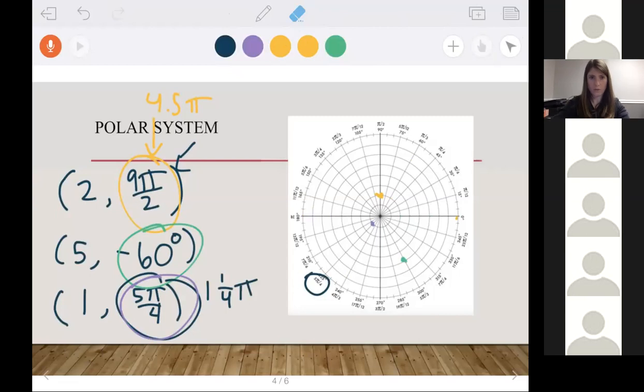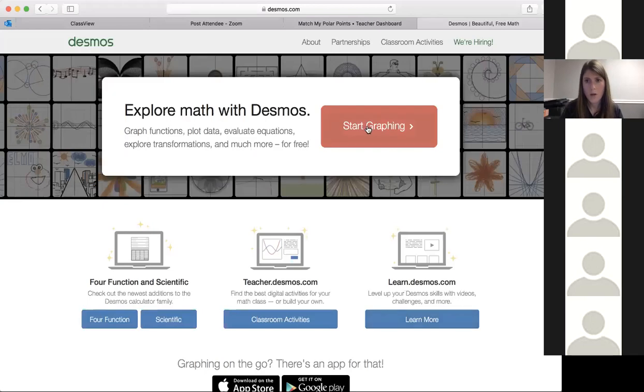So I'm going to switch over straight to Desmos in the share, and then I'm going to share my Desmos screen. Sorry, guys, I know it takes a little bit of time here. But here's our Desmos page.